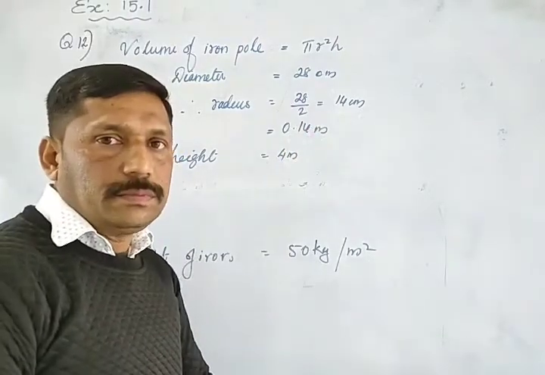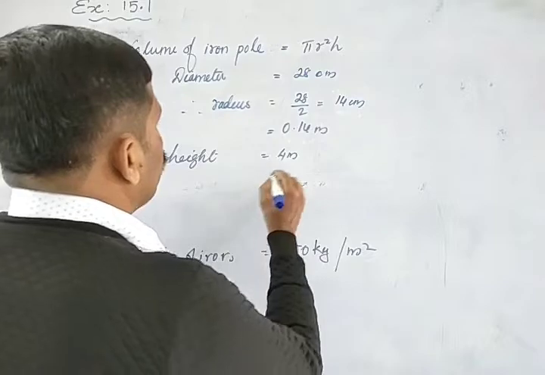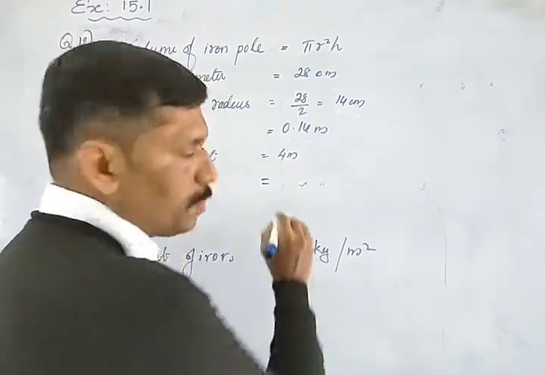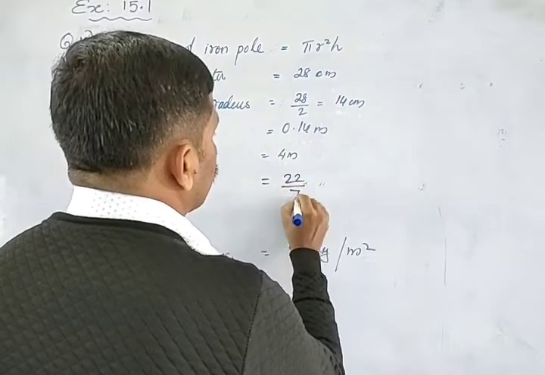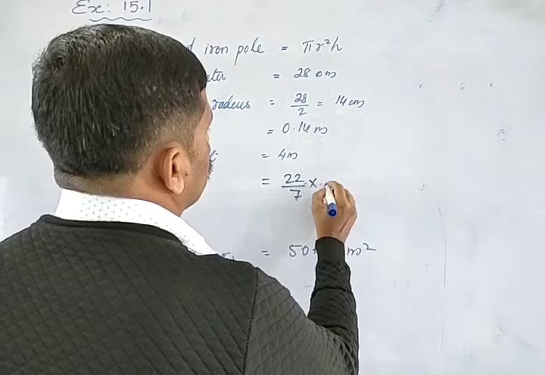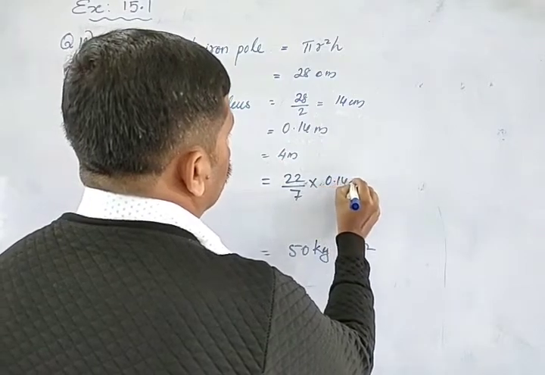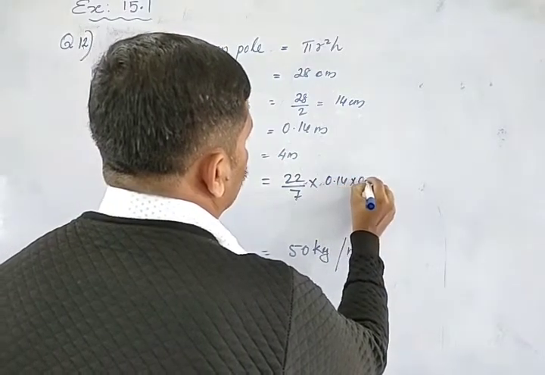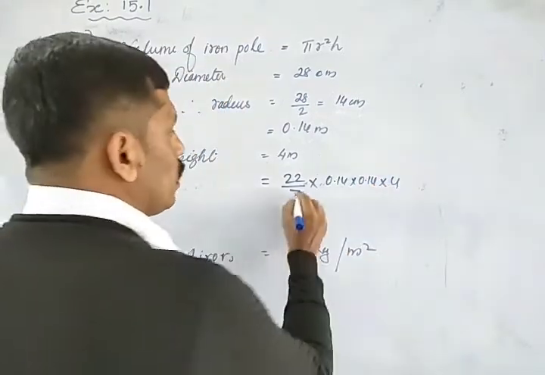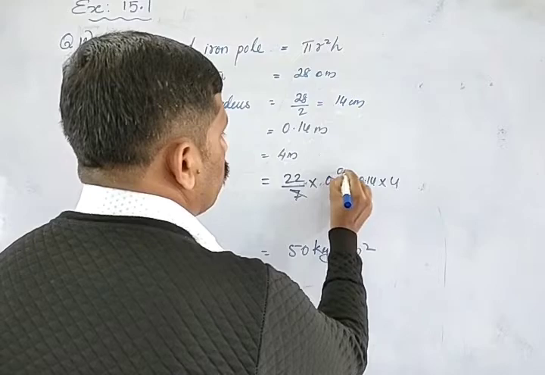So here now we find out the volume is equal to 22 by 7, we can take 22 by 7, into radius 0.14, into 0.14, into height 4. Here we cut, 0.02.